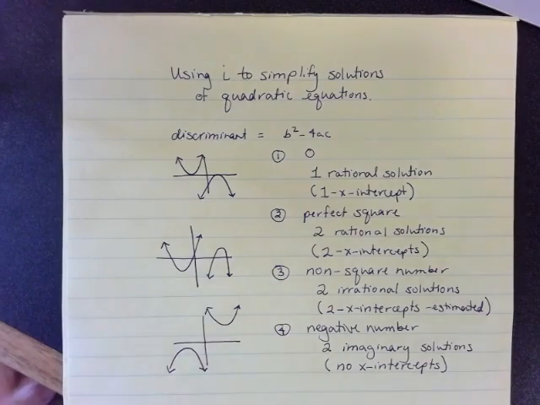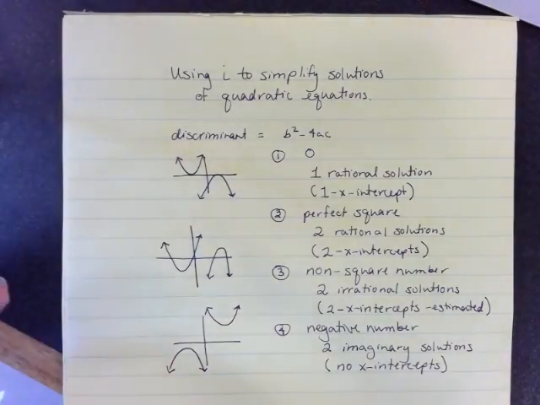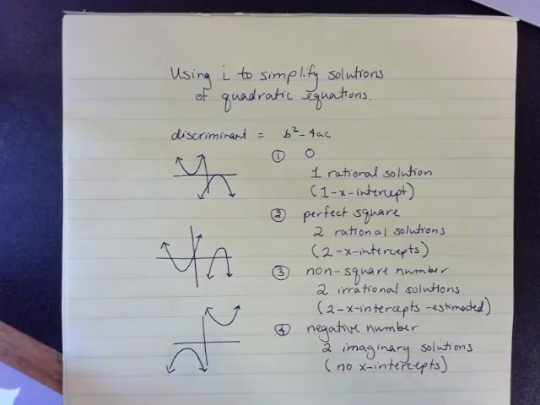So now what is this all about, this negative number? How can we use i to actually simplify it so we don't actually see the negative number inside the square root?